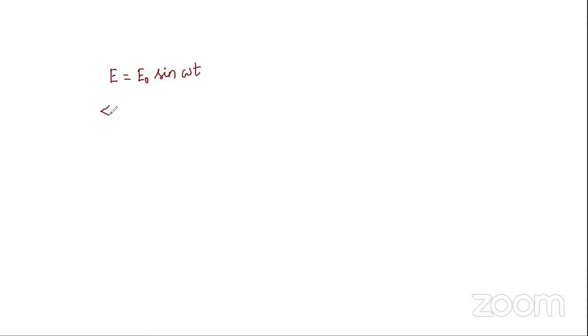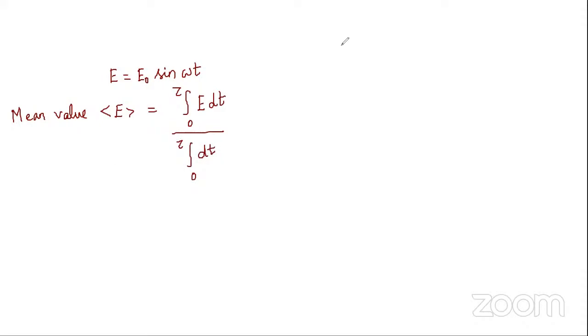That is represented as integral 0 to tau E dt, whole divided by integral 0 to tau dt. This is the expression for mean value.